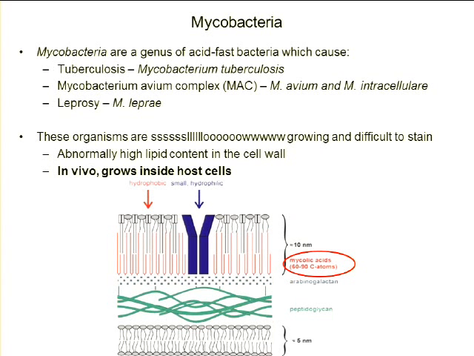So essentially there's 100 to 1,000-fold fewer of these small hydrophilic channels in these mycobacteria compared to an E. coli, which has abundant porin channels.